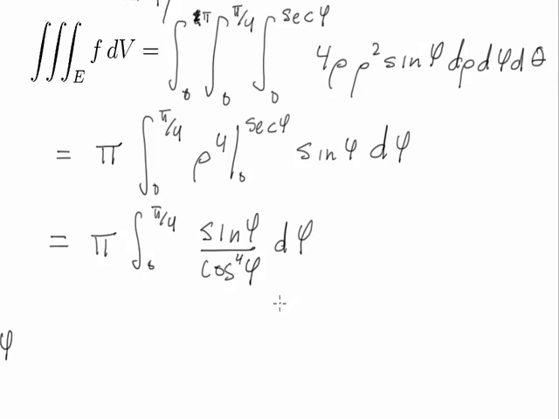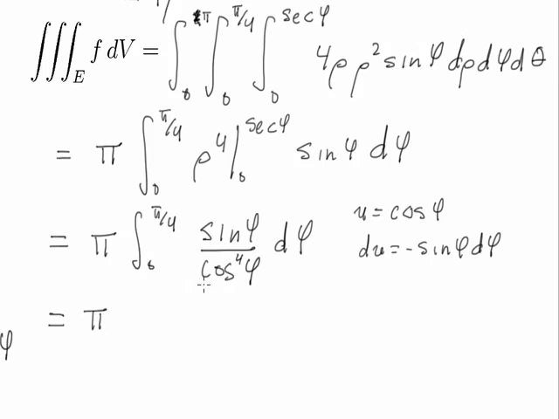So we're left with this single variable integral to compute, and in this case we can accomplish this by u substitution. So if I let u equal cosine phi such that du equals negative sine phi d phi, and because I have this sine phi in the numerator in the integrand here, I'm going to be able to get away with this coordinate substitution.